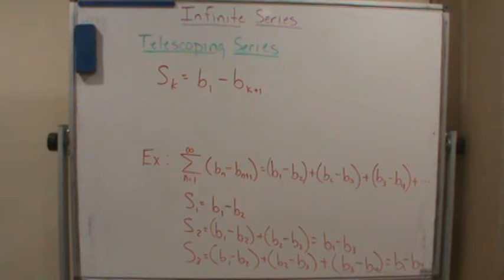And so the kth partial sum can be simplified to a difference between these two terms, and the sequence of the partial sums will converge if and only if the sequence of the last term converges.